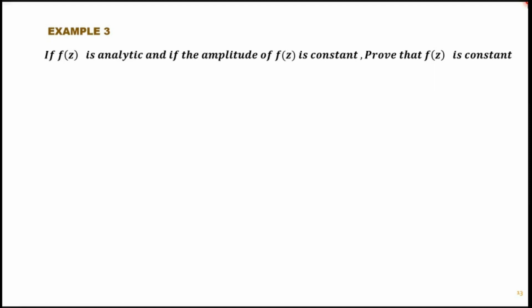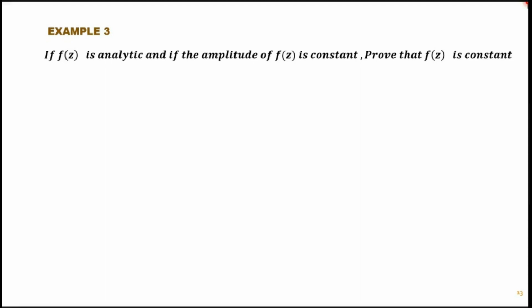So f of z is analytic. तो दो कंडीशंस दी हुई हैं, f of z एनालिटिक भी है और amplitude of f of z यानी argument of f of z is equal to a constant. Prove that f of z is constant.